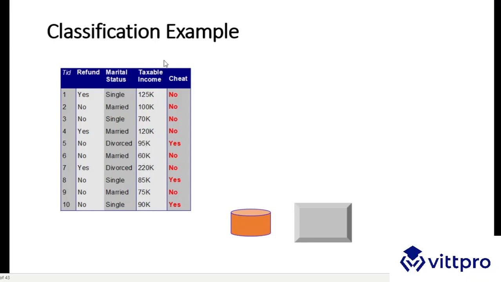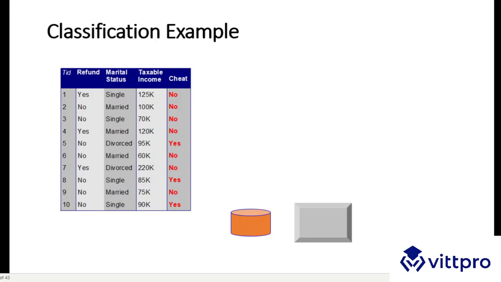If somebody is above that, they are not cheating. If somebody is below that, they are not cheating. That's one criterion. Then, how many are single and married? Divorced is a cheater, single is a cheater. If somebody is married, they are not going to cheat. That's one of the classifications.